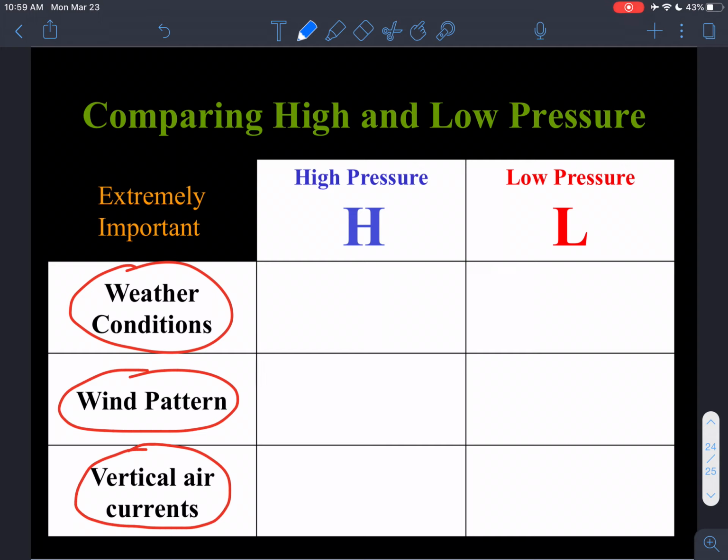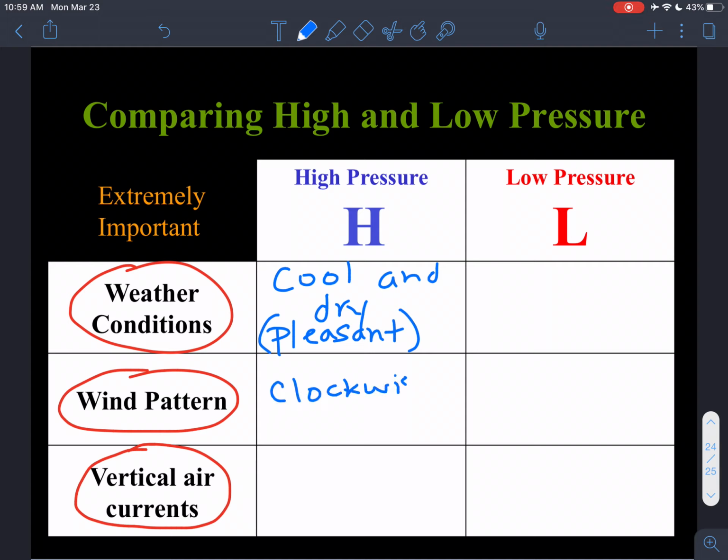Okay, so for high pressure, the weather conditions, if you recall, we said happy high, and then the saying goes cool and dry. So that means it's going to be a pleasant day. For the wind pattern, high pressure goes clockwise and blows outwards.